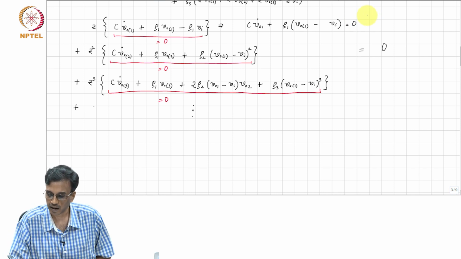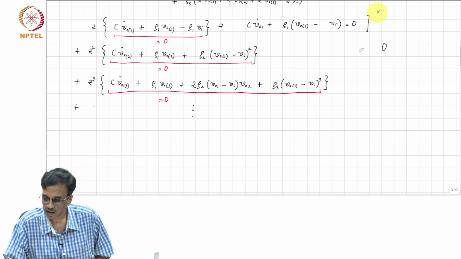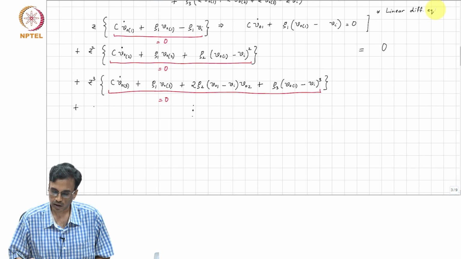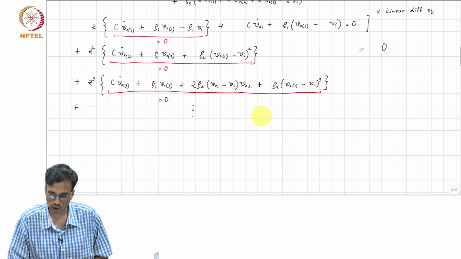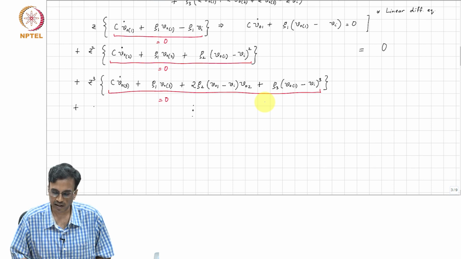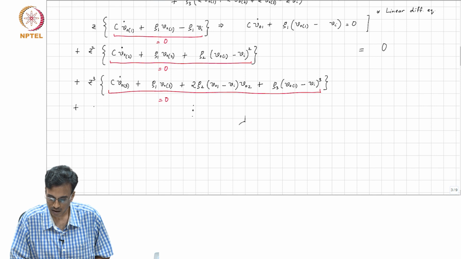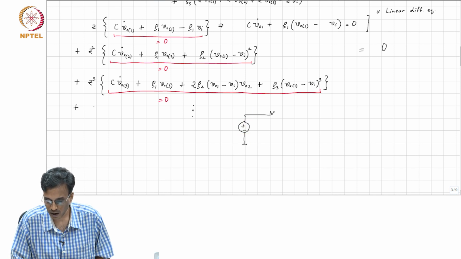Can you recognize what this is? A linear first order differential equation. So, you can therefore draw a network which satisfies that. What is that network, do you think? There is a G1 resistance and a capacitor C. Very good.